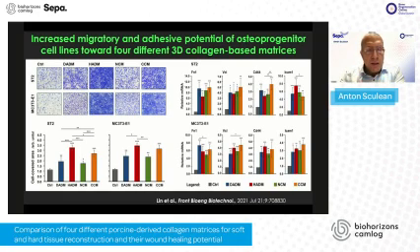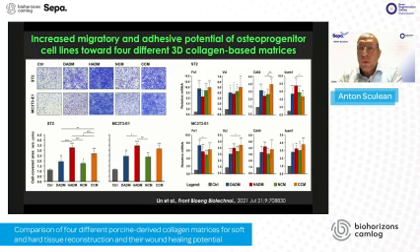You can see the hydrated acellular dermal matrix performed the best. You can see the dark blue color has the strongest intensity, especially compared to the control, but also compared to the other ones. And you see the same features that are shown in the graphs. You see it in the cell-covered areas.